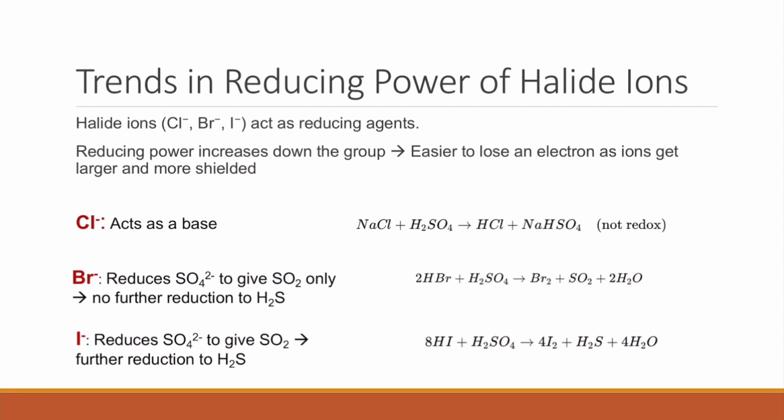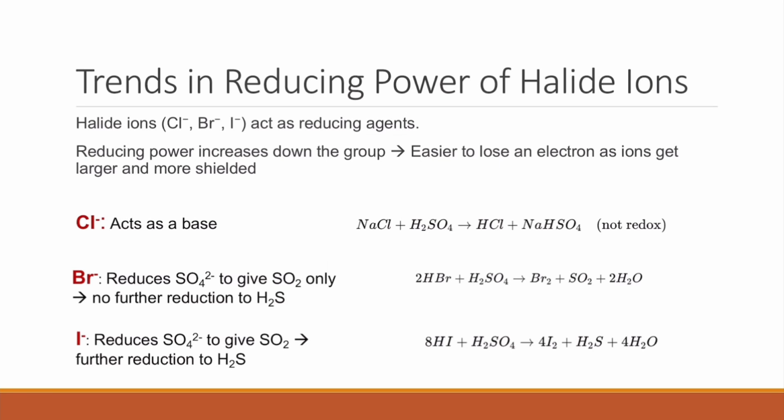When they act as reducing agents, they get oxidized to the halogen. Fluorine is above chlorine, so fluoride is even less reactive than the chloride itself. So fluoride as a reducing agent is less reactive than the chloride.